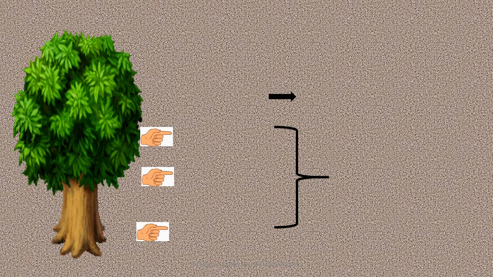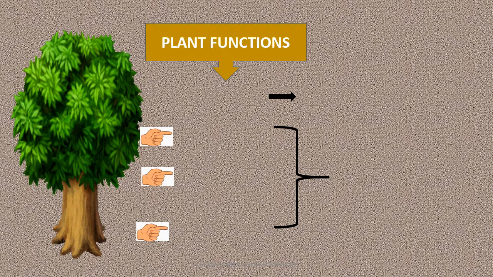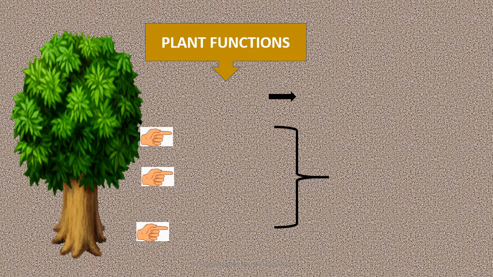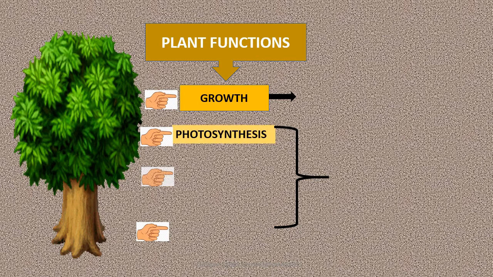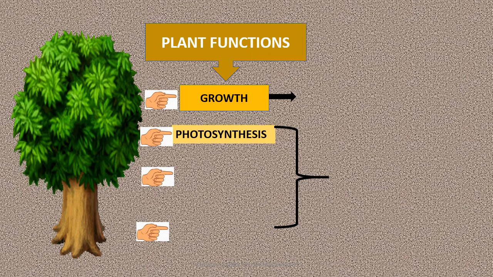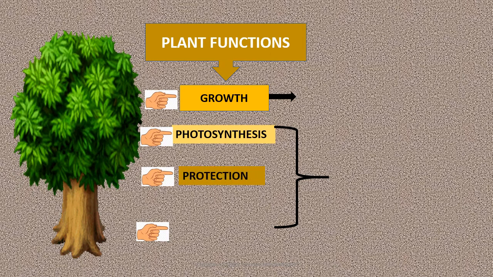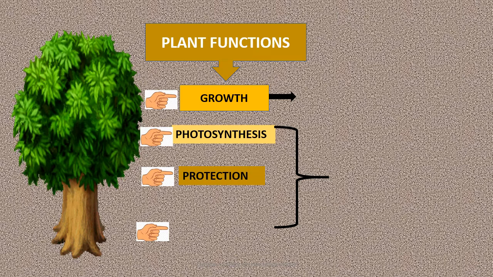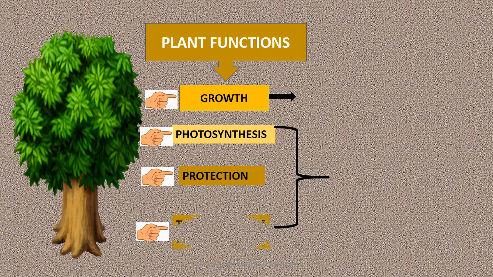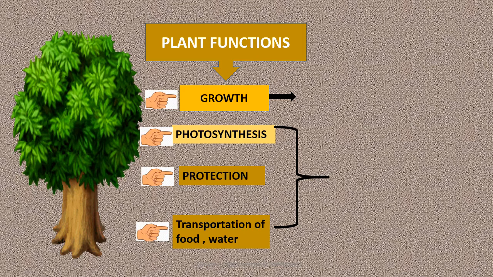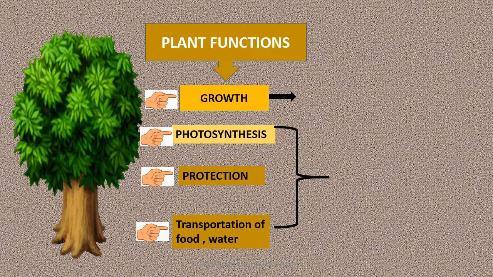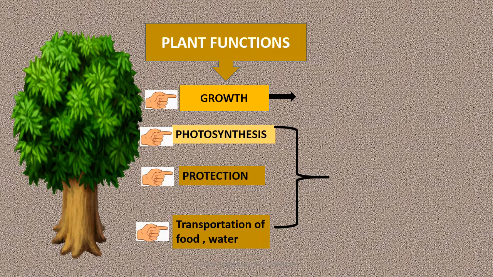Accordingly, growth is followed by photosynthesis. Protection from the environment and transport of water from soil and food from leaves to the rest of the plant's body are plant functions necessary for living, which are carried out from a single spot or the area where they grow.